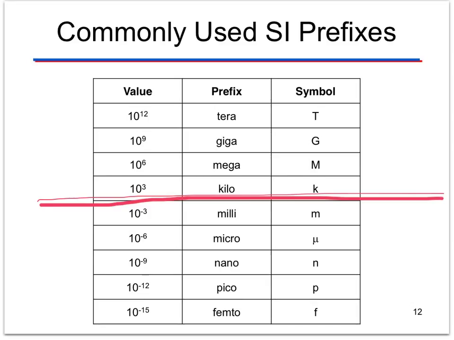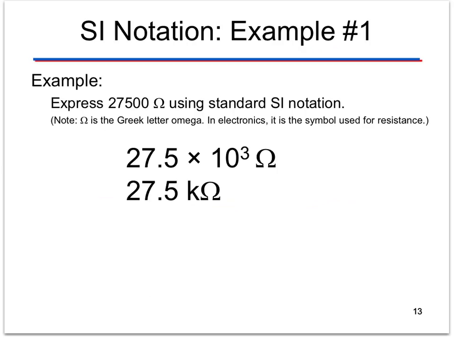Okay, so here is your value. All right, this is the prefix that you will use, that you will say or you would write down, but here's the symbol. Okay, there's the symbol. It's important to memorize all this, put it on flashcards if you need to, but you got to know it.